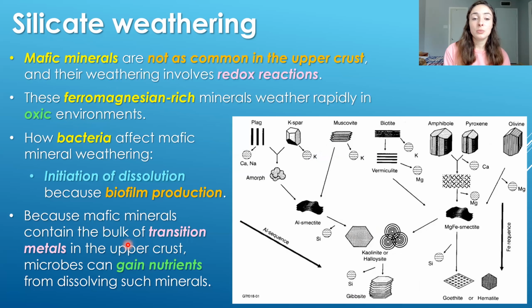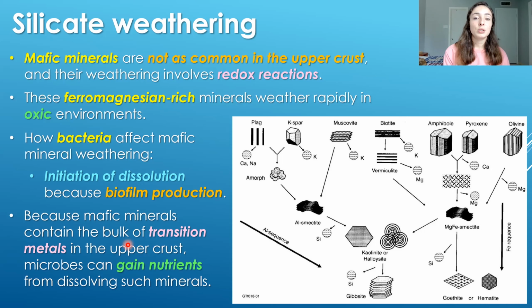But when it comes to mafic minerals, these are not as common in Earth's upper crust and therefore don't as heavily affect the freshwater or secondary phases in Earth's upper crust. However, it's not only that they're not as common, but their weathering also is a little bit different. It involves what's called redox reactions. So we talked about this actually already. We talked about manganese oxides undergoing reductive dissolution.